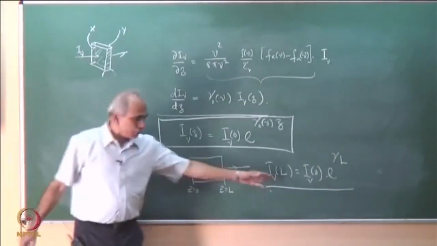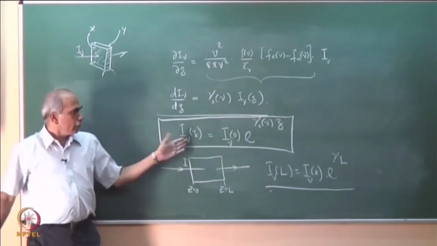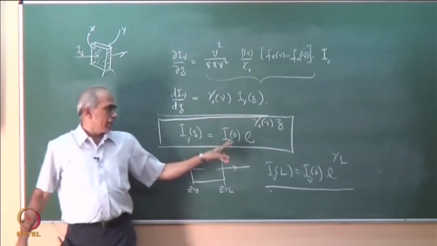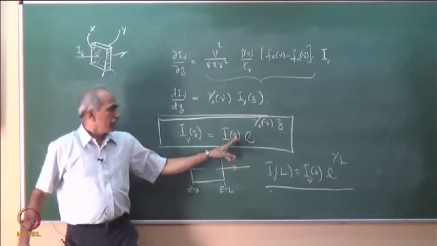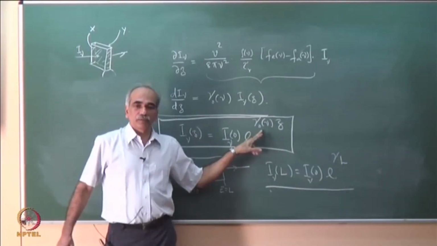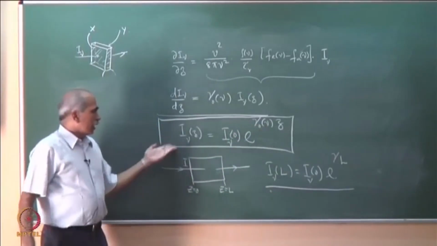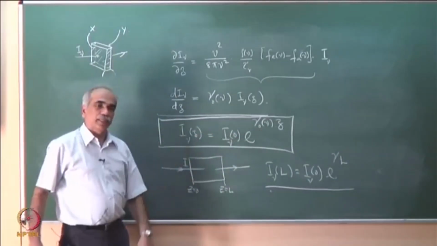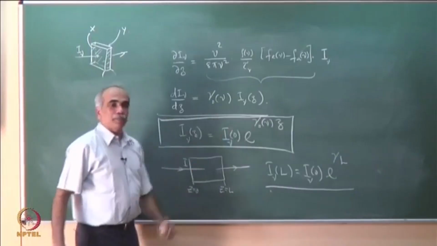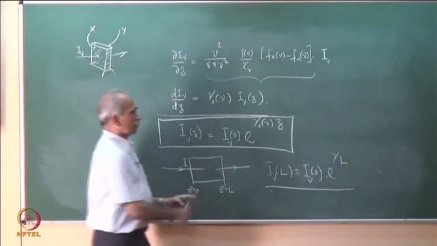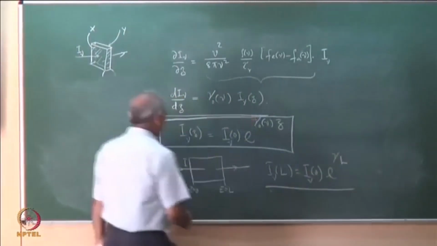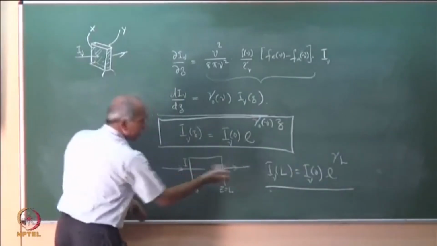So, I nu of L or I nu of Z will be greater than I nu of 0 if gamma is positive. When will gamma be positive? This tells that there is amplification. So, what is output by input?